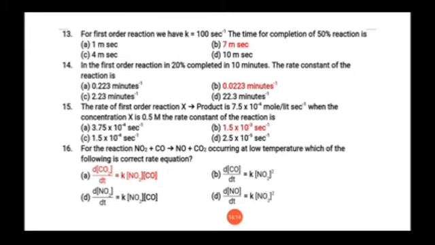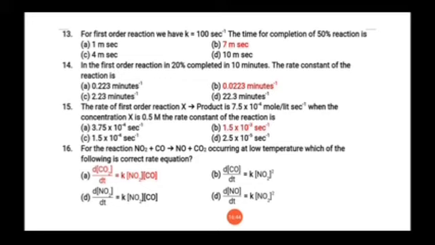Question number 13. For a first order reaction, we have K is equal to 100 second inverse. The time for completion of 50% reaction. Students, half-life for a first order reaction, we know that T1/2 is equal to 0.693 upon K. So it will be 0.693 upon 100, that is 0.00693 seconds.